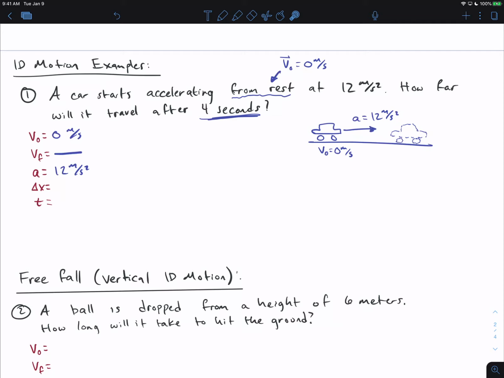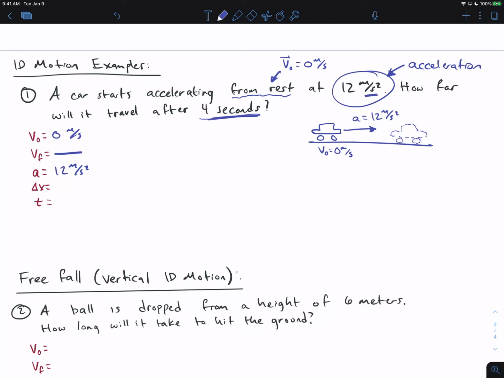So I can tell, even if I don't know anything about what's going on, by looking at 12 meters per second squared, this has to be some kind of acceleration, without even reading that it says it's accelerating at this, right? Because sometimes the wording can get a little bit confusing. But without even reading that, I can tell that this value has to be some sort of acceleration because of the units.